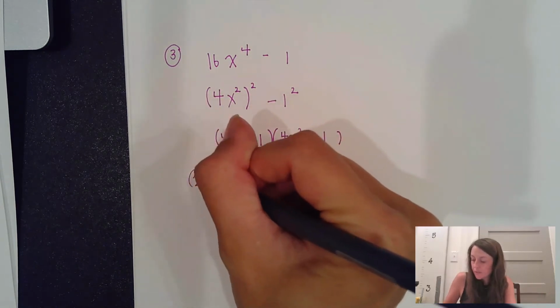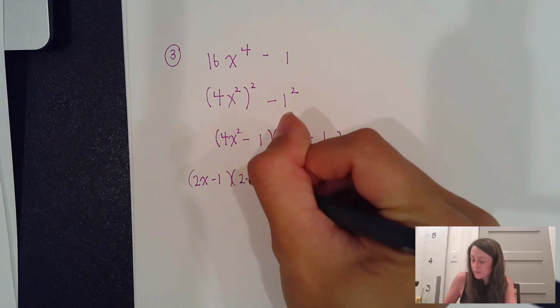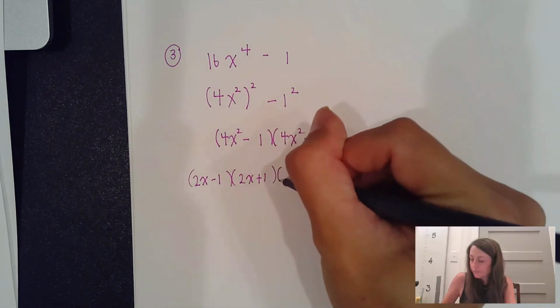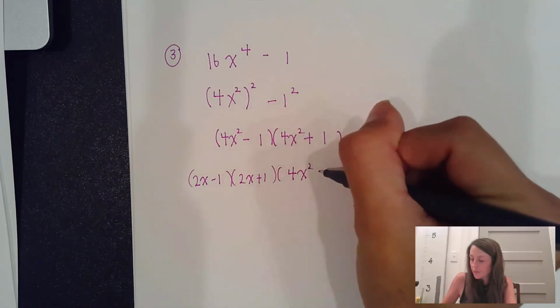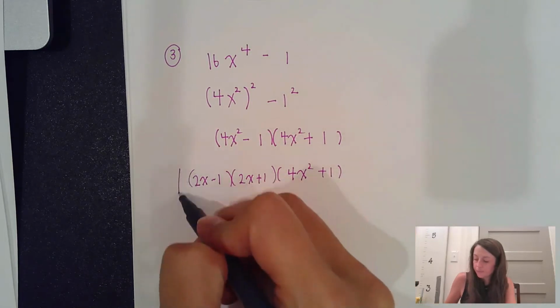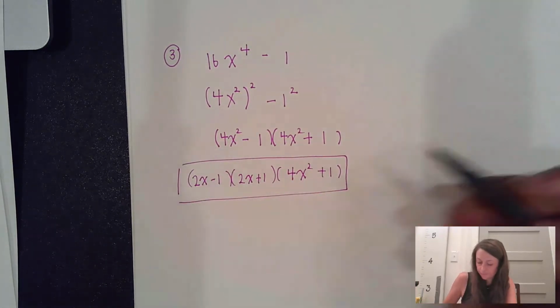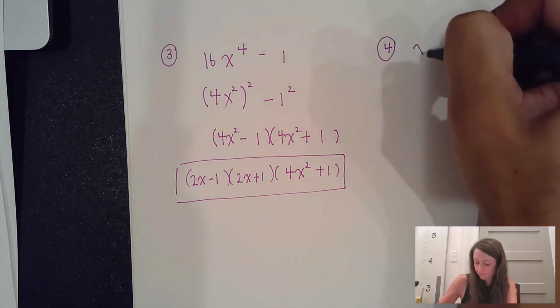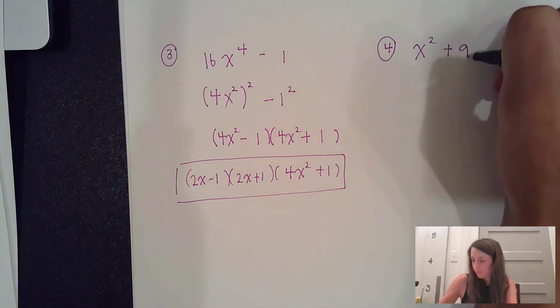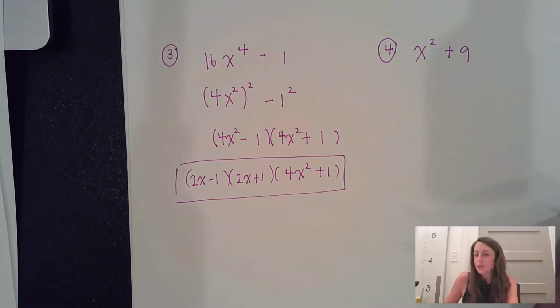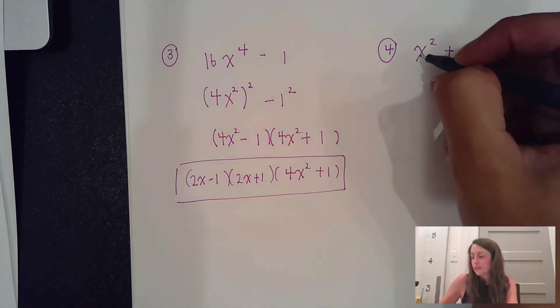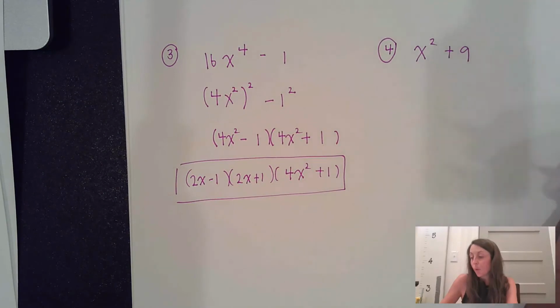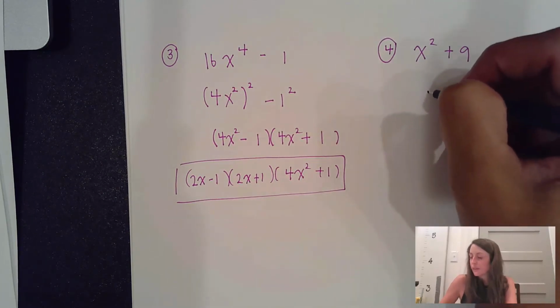So we'll have 2x minus 1 times 2x plus 1. And then we'll have 4x squared plus 1, and we'll just bring that one down. About this one, x squared plus 9, it's the sum of two squares, so that will not factor.